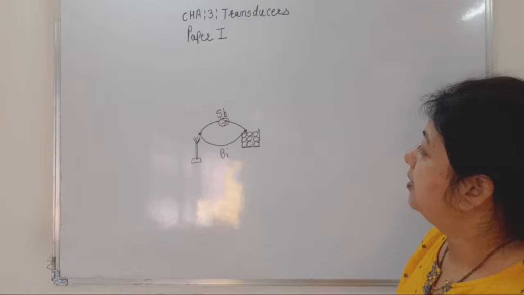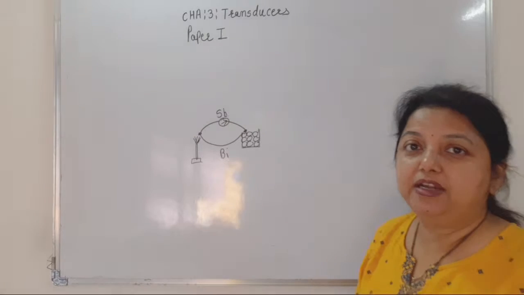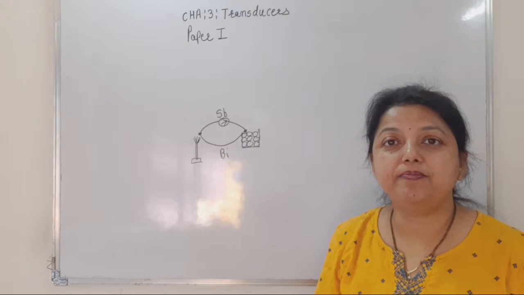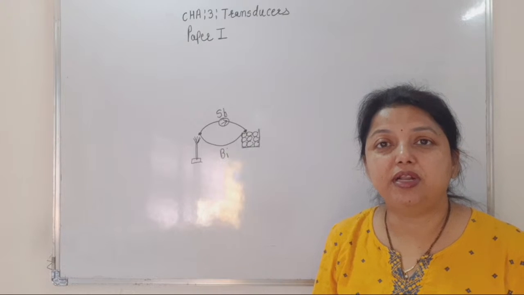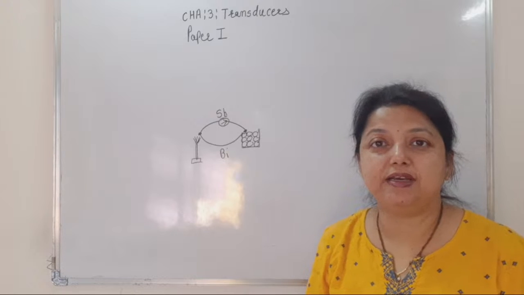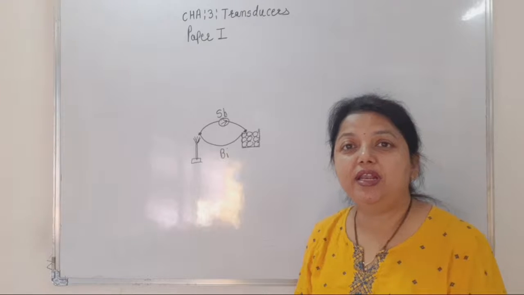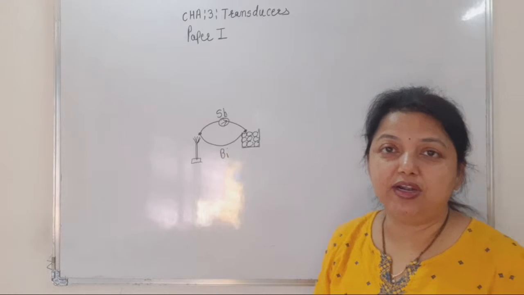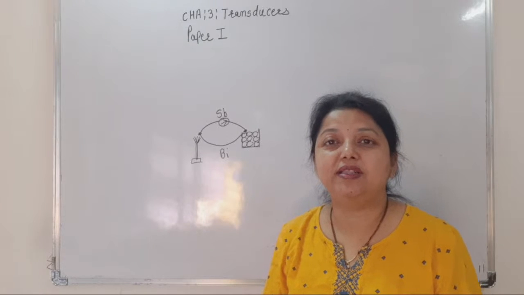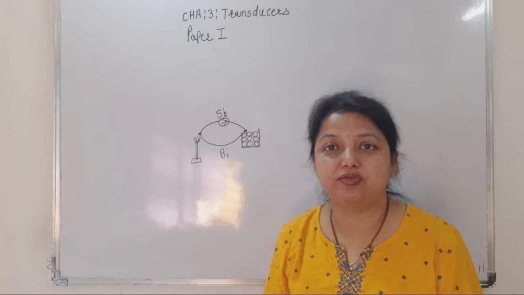So the thermocouple is active, and all other transducers are mostly passive transducers. Passive means for their operation to convert a non-electrical quantity into an electrical quantity, there is a necessity of external power. That's why they are termed passive transducers.